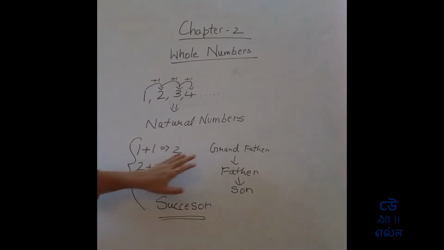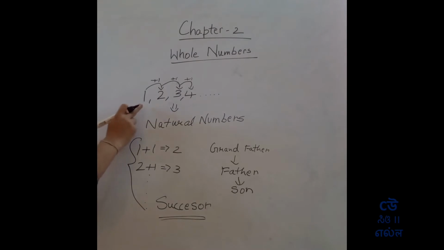Successor means a person or a thing which succeeds another. Next, let us see predecessor. So here, understood, children, what is successor? Successor is basically the number that comes after the given number.